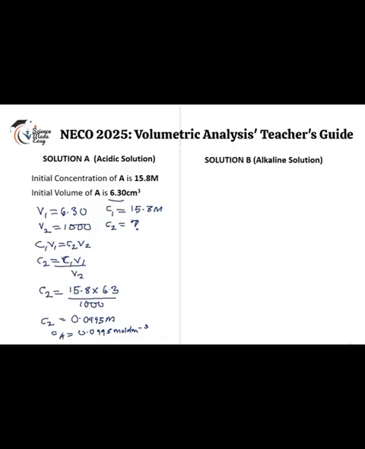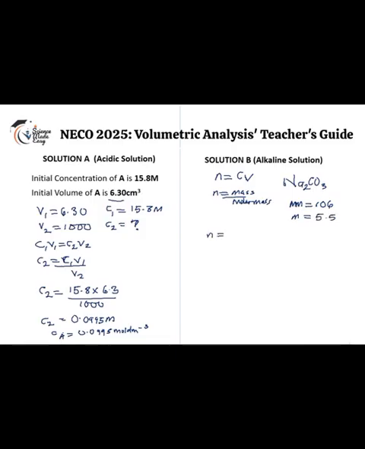We can also estimate the concentration of solution B using this formula. We know that n equals CV, where n is the amount, C is the concentration, and V is the volume in dm³. We also know that n is equal to mass over molar mass. Recall that the main compound reacting in solution B is sodium trioxocarbonate(IV). Now, the molar mass of sodium trioxocarbonate(IV) is 106, while the mass as given in the instruction is 5.5.